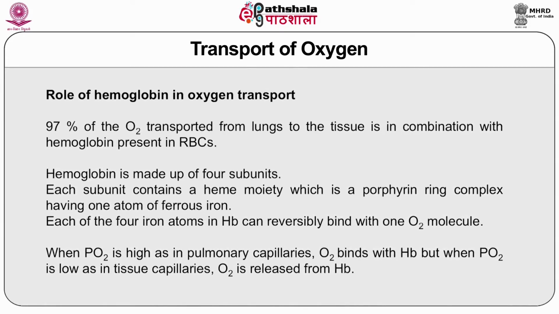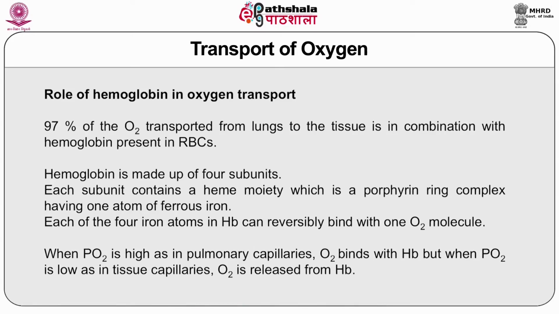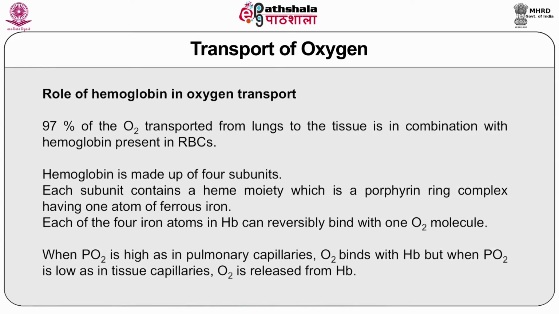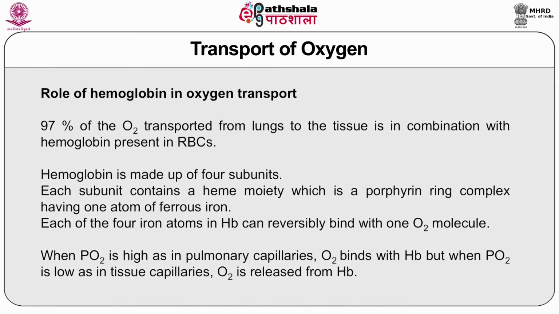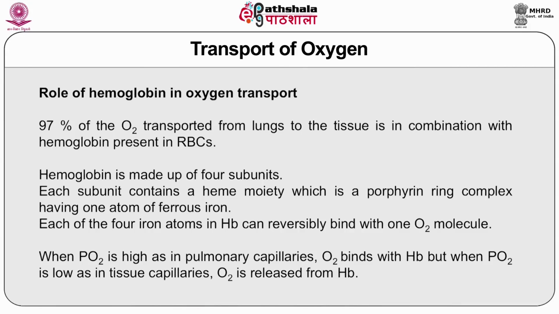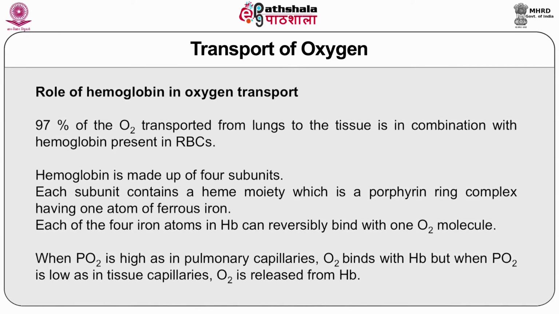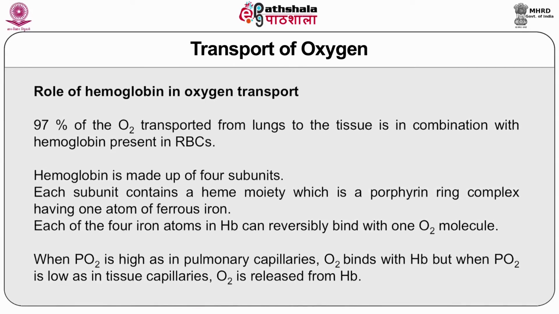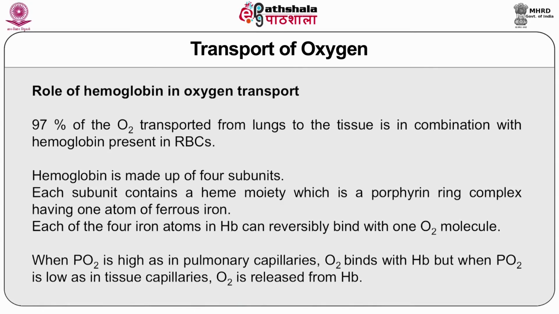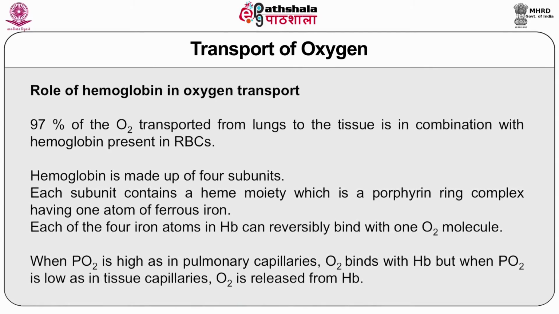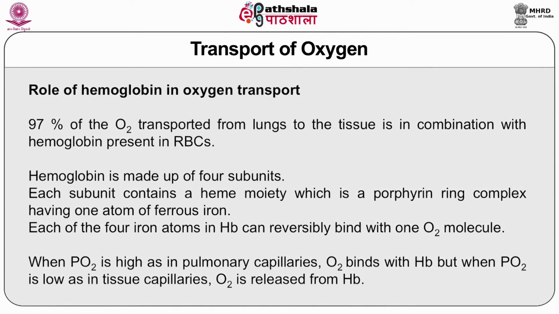Hemoglobin is made up of 4 subunits. Each subunit contains a heme moiety, which is a porphyrin ring complex having one atom of ferrous iron. Each of the 4 iron atoms in hemoglobin can reversibly bind with one oxygen molecule.